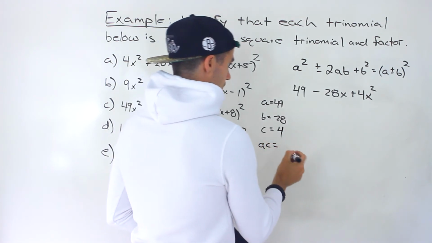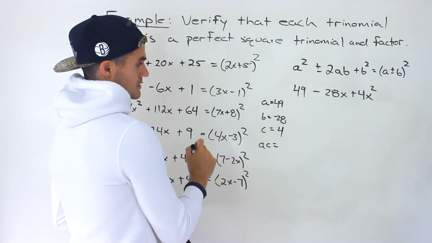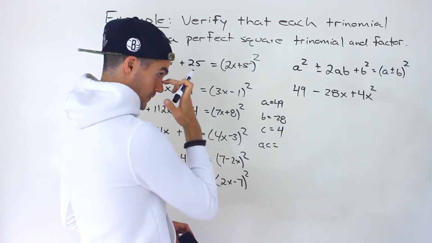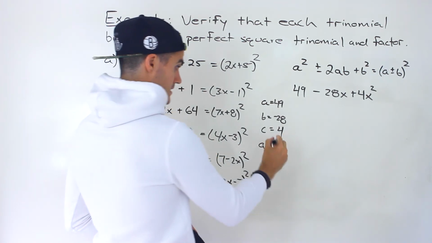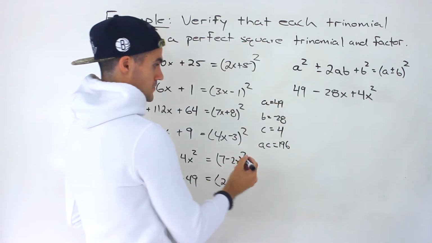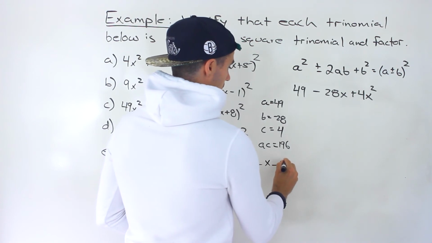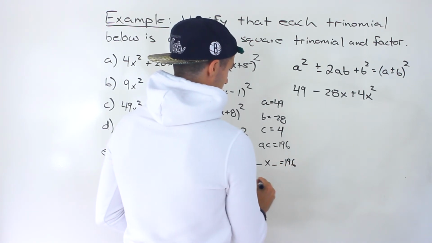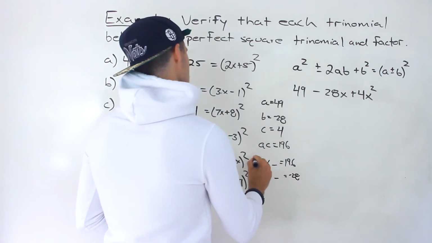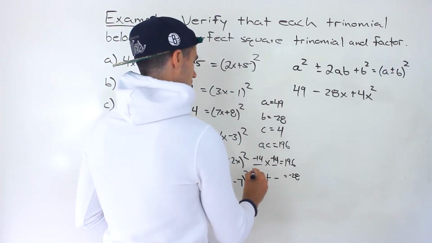So the AC value is going to be what? 196. 49 times 4 is 196. So what two numbers multiply to 196 and add up to negative 28? That's going to be negative 14, negative 14.